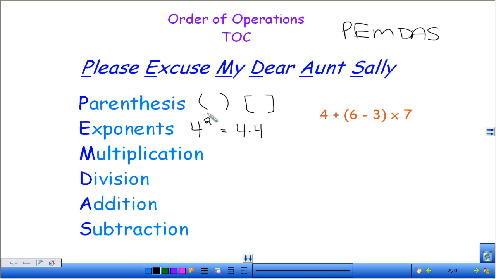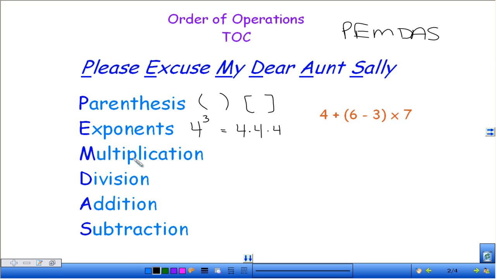If I change this to a 3 up here, that's 4 cubed, and that means you have to do 4 times 4 times 4. Those are exponents. You're not going to see very many of those, maybe on some advanced questions. When you start getting better with these, I'll throw some of those in there. But just know what they are.